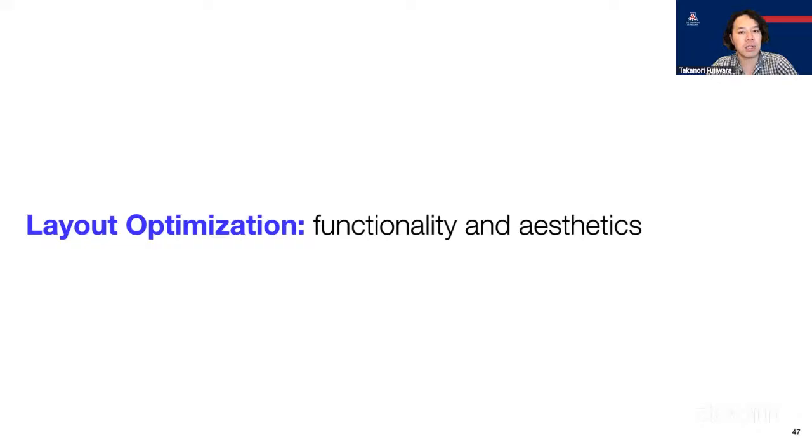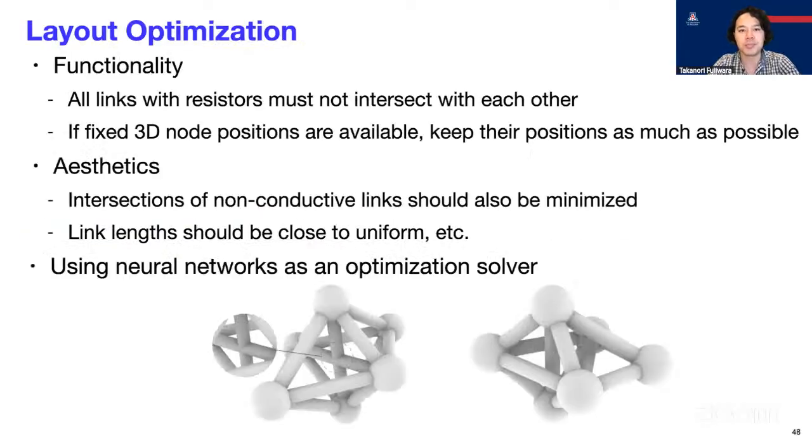Now I will move on to the second sub-goal, layout optimization. We consider both functionality and aesthetics here. For functionality, first of all, we must avoid intersecting links with resistors to avoid messing up the electrical circuit functionality. And as we focus on physical networks, there can be a positional concern as well.